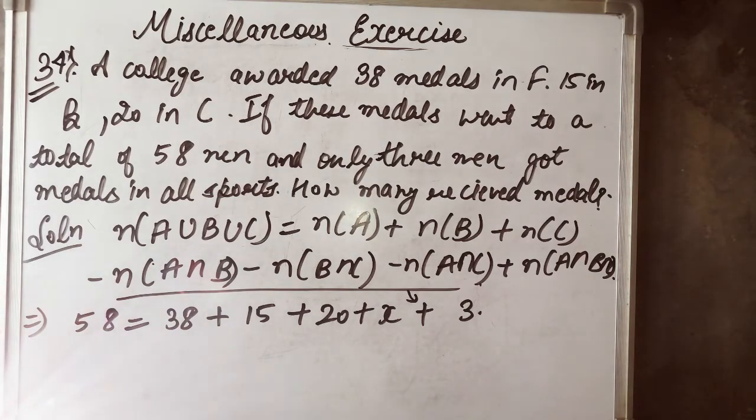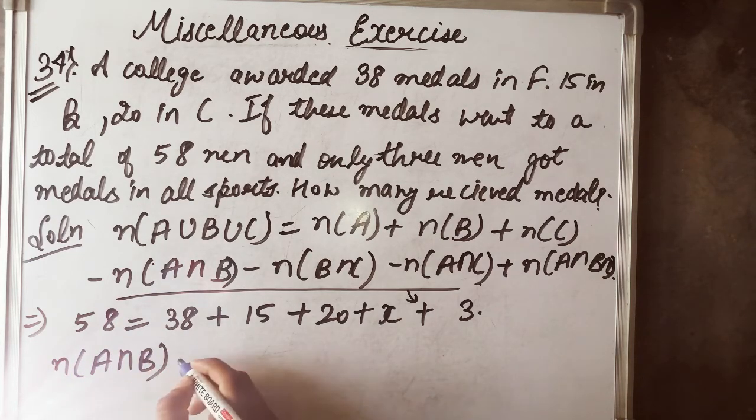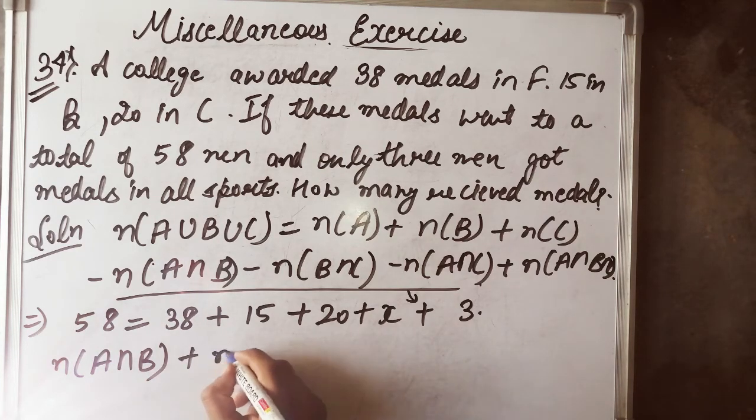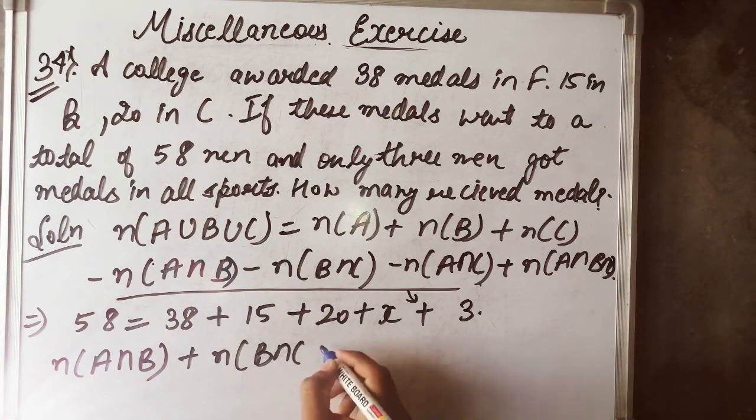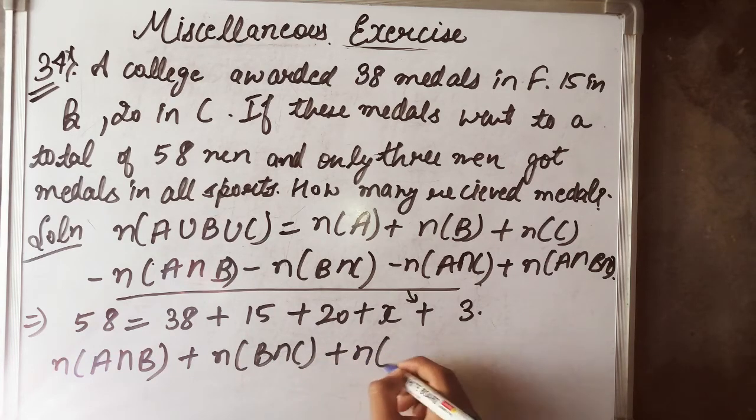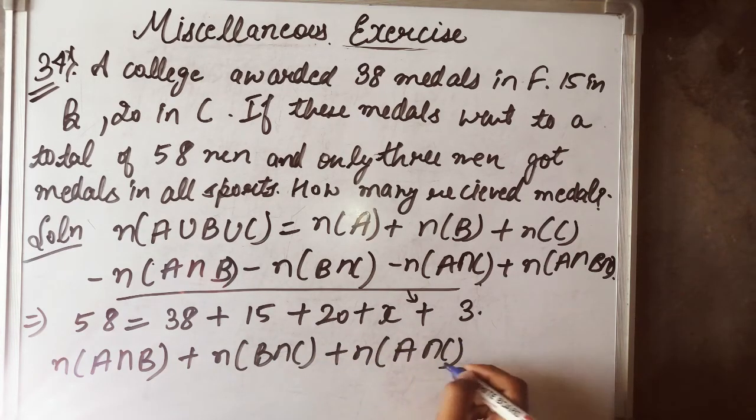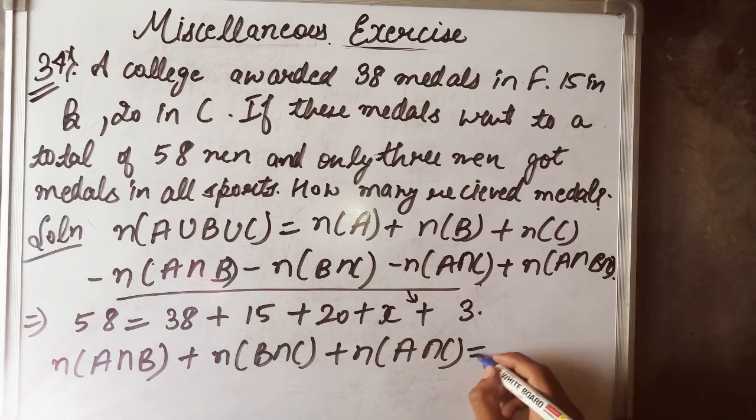Students, now let's have a look at this part of the question, which is equal to x. I am taking n of A intersection B plus n of B intersection C plus n of A intersection C equals 18.